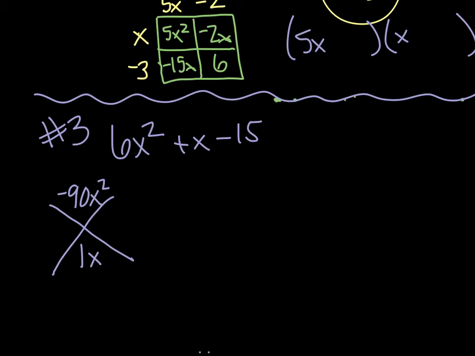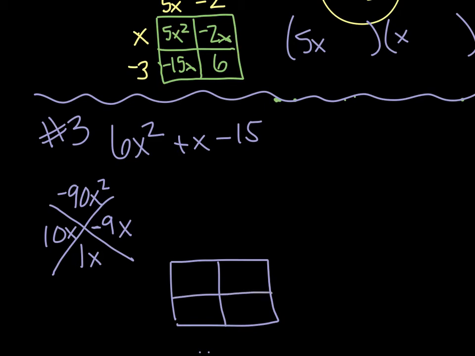I'm going to use 10x and 9x. If I want a positive 1, that means my largest number has to be positive. So 9 is negative. So come down here to the box, and I found 10x and negative 9x.